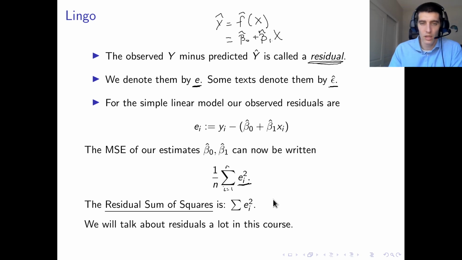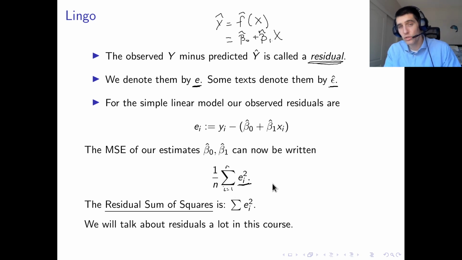Quick vocabulary term: the residual sum of squares. Again, this is a pretty descriptive vocabulary word. It is the sum of the squared residuals, whereas the mean squared error is 1 over n times the sum of the squared residuals.